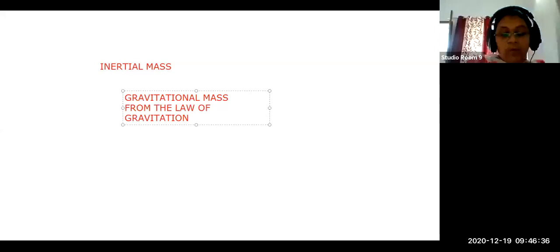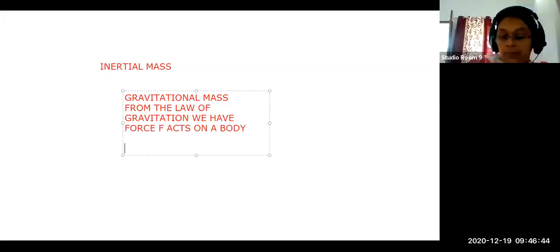Capital F is equal to G, capital M into small m divided by capital R, and as a superscript you write R square. Okay, I'm writing R2. R2 means R square, please.